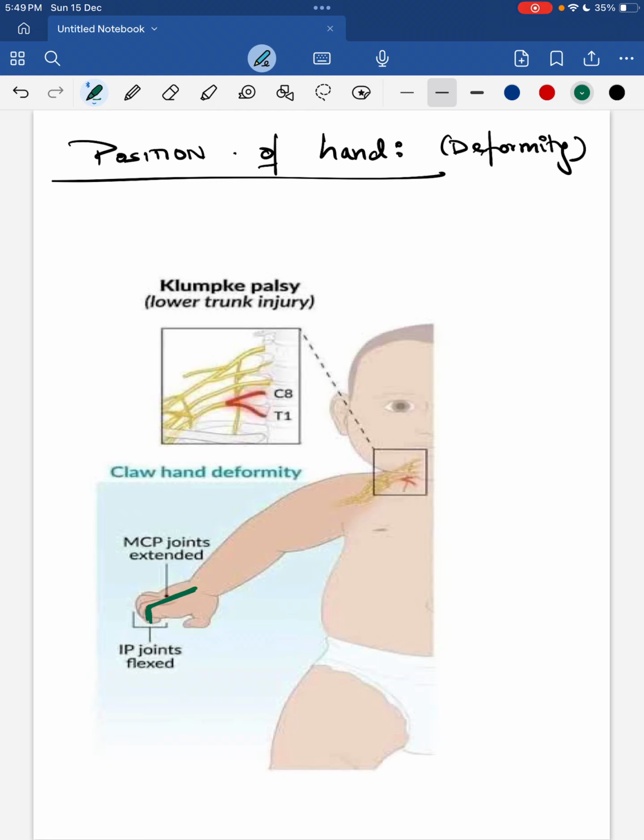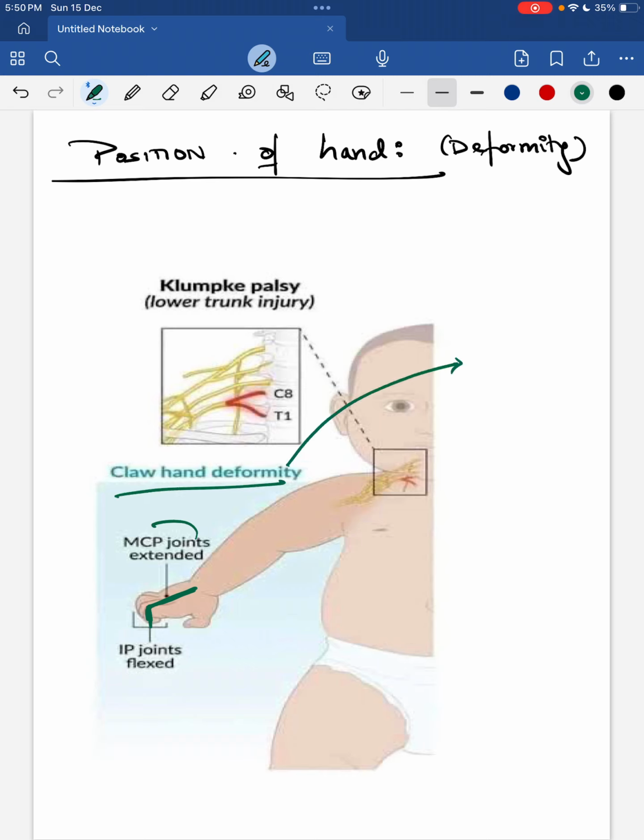So what does this claw hand mean? The child will have extension at the metacarpophalangeal joint and flexion at your interphalangeal joint. Why is this occurring? It is because of the unopposed action of long flexors and extensors of the fingers.